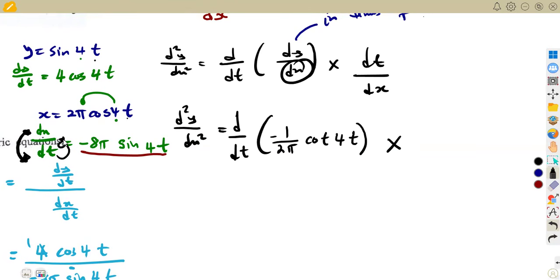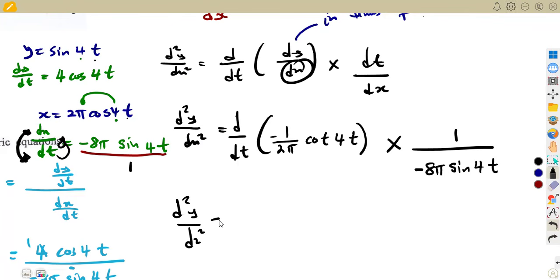We just interchange this, so it's going to be 1 over negative 8 pi sine 4t. This is our dx/dt. Just interchange, so we can simplify further in this case.